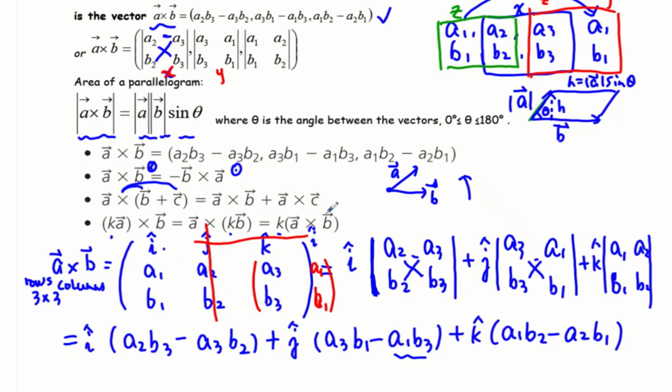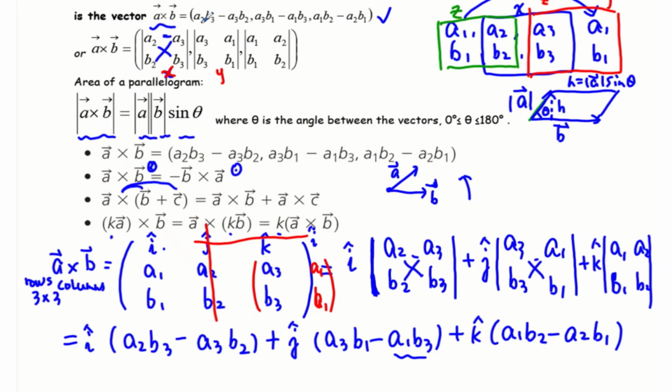We move the i to the very end to make it a 2 by 2 matrix, so a3, b3, a1, b1. And for the k, cross k out, only a1, b1, a2, b2 left. And for the magnitude of each matrix, it's just diagonal cross multiply, so a2 b3 minus b2 a3.